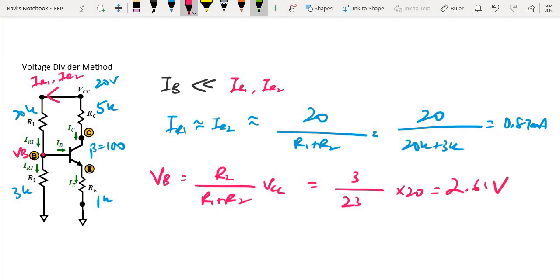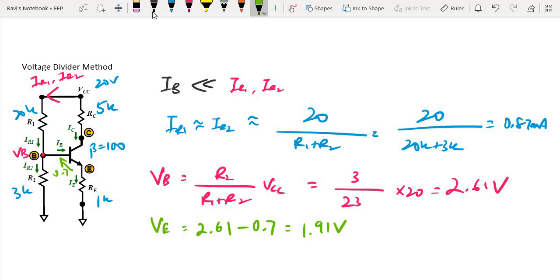Alright, now what is the next step? Since I know VB, and in order for my device to operate in the forward active region, there will be a voltage drop of 0.7 volts here, correct? So we can say that VE is equal to 2.61, which is VB, minus 0.7, which is 1.91 volts.